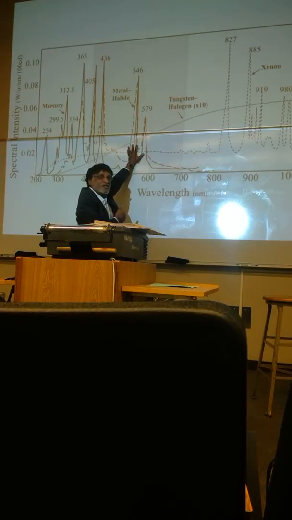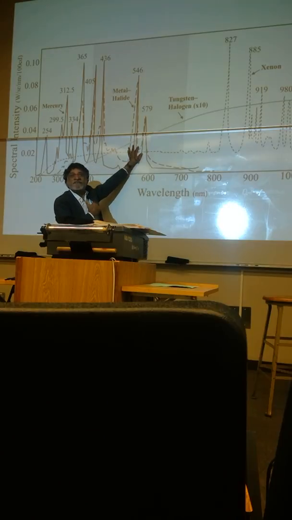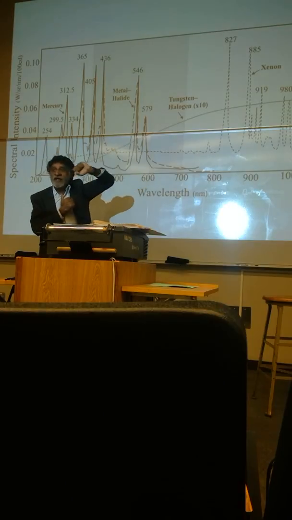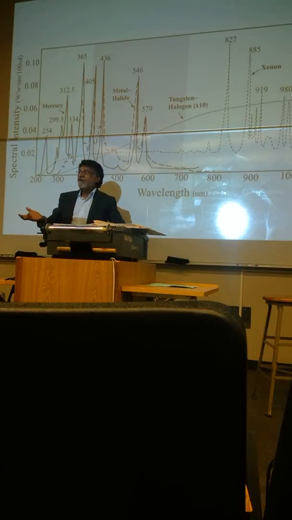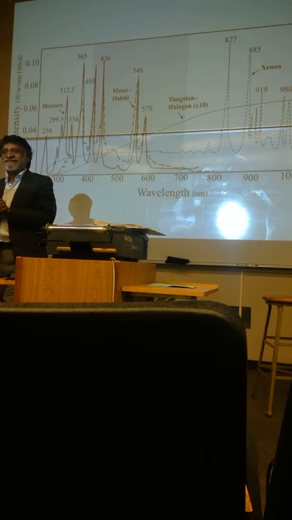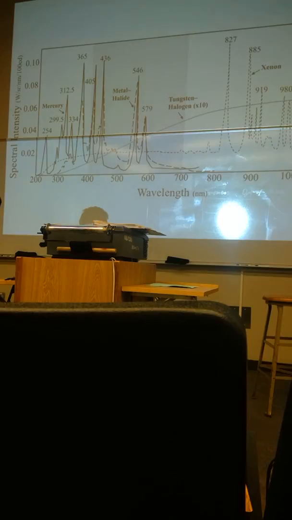And why is it used as a standard? Does anybody know why green is important? Yes? It's easy on your eyes. Excellent. The peak sensitivity of your eye is in the green. So if you go to an electron microscope and you look at the screen, it has a green phosphor.